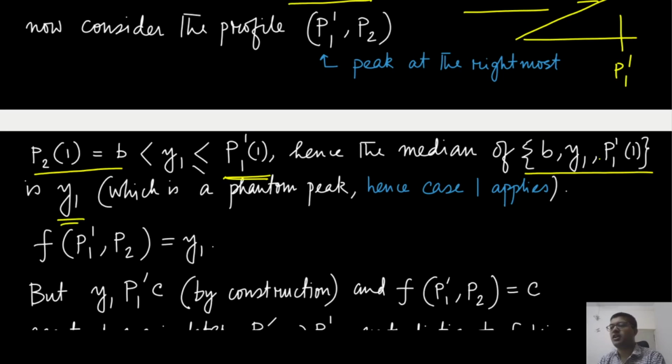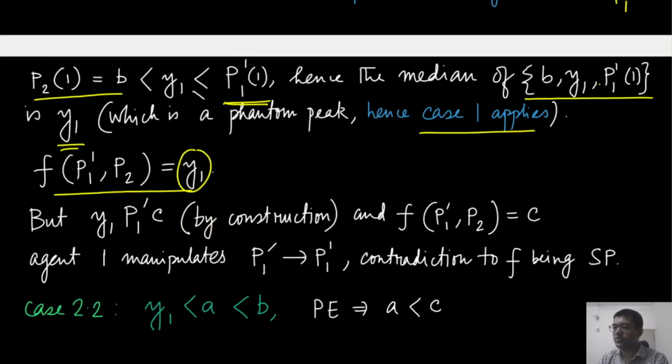So therefore we can actually apply case 1 in this context and conclude that the social choice outcome under this profile is actually y1. That is because of the previous claim. Now what we have constructed is that y1 is more preferred in p1 prime than c, yet the outcome here is actually c.